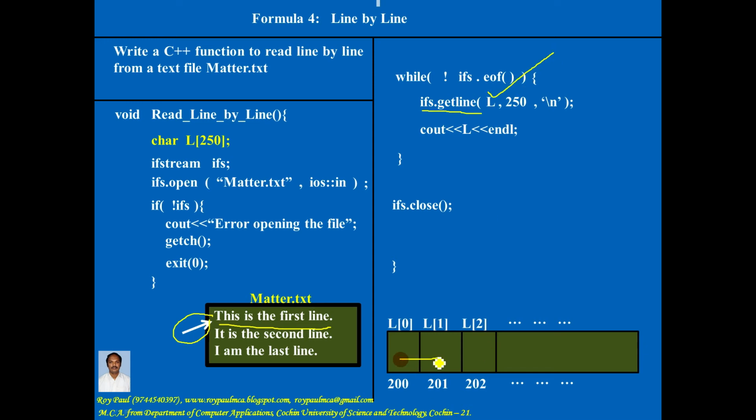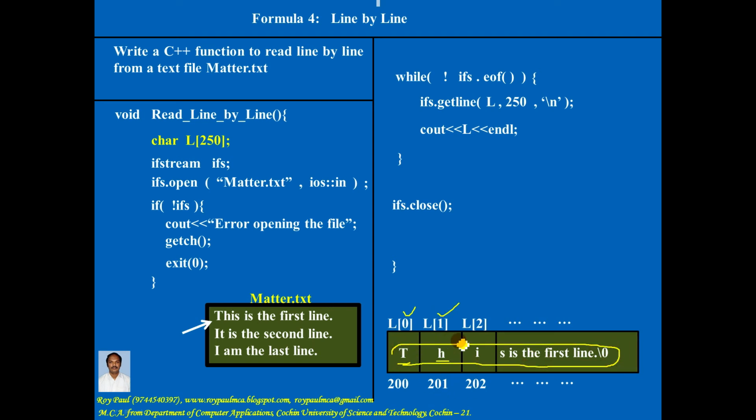So here the first line comes. T comes at L of 0, H comes at L of 1, and so on. Anyway, the first line comes in this character array. Now ifs.getLine changes the file pointer. So the file pointer is placed after the delimiter character.